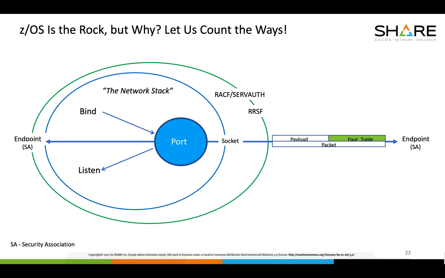Now, when we say bind to the port, generally what we should think of is not just an application, but we should be thinking of a job that is running, that's attempting to bind to a port to send information out to a remote endpoint. You could use the JES jobs class within RACF and other RACF classes in order to protect this port, but you would be doing it, as I like to say, from a distance.